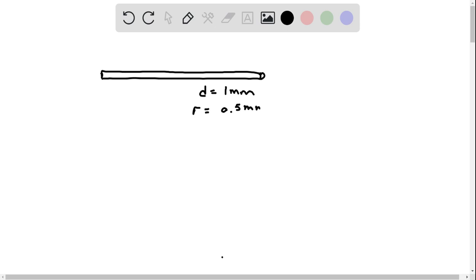And it's still going to be 1 millimeter, and we're going to convert this really quick to meters, because we like meters in this household. So the radius is 0.0005 meters.